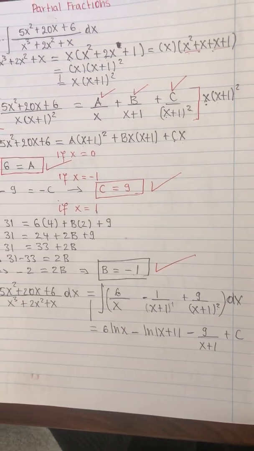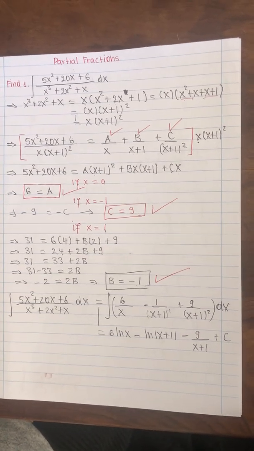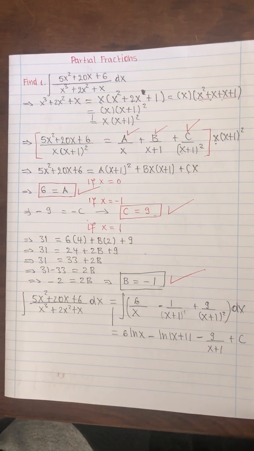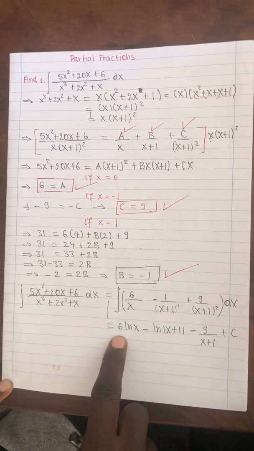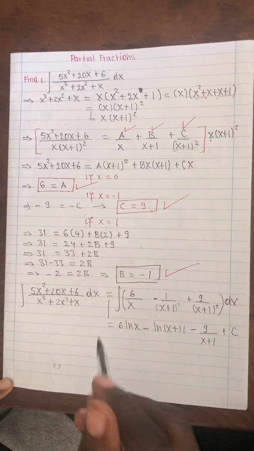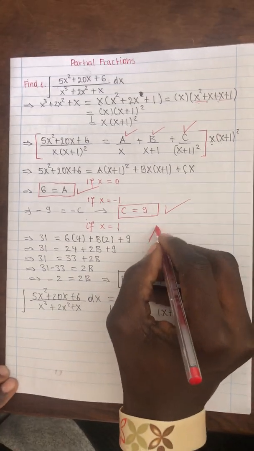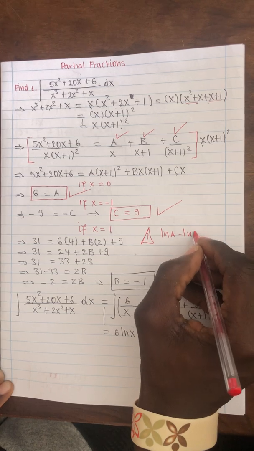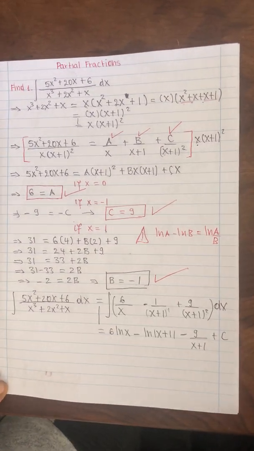So you can stop here if you want, but if you really love math, and I know you are engineers and scientists, guys, what you can do is this. Remember, 6 ln x minus, this part is also ln. So I'm going to use the red pen to say it's a note of attention. When you have ln of a minus ln of b, this is ln of a over b.